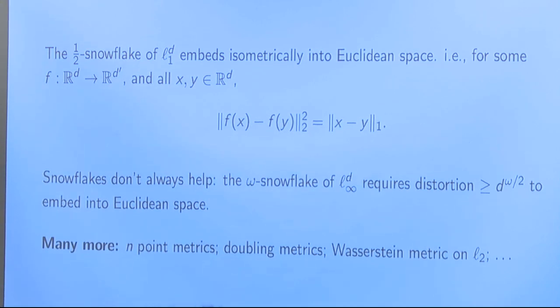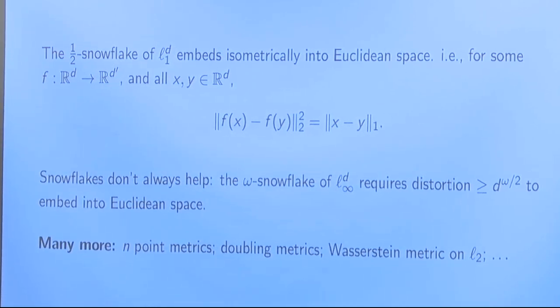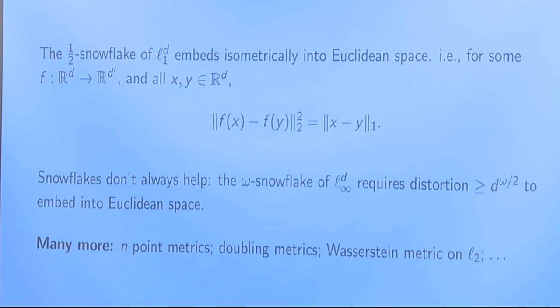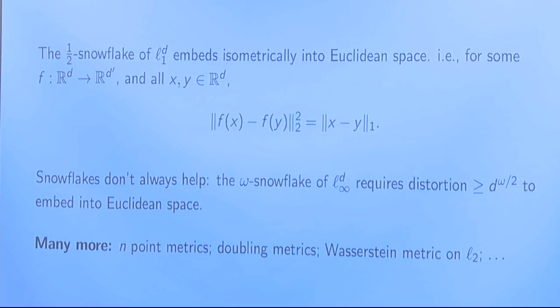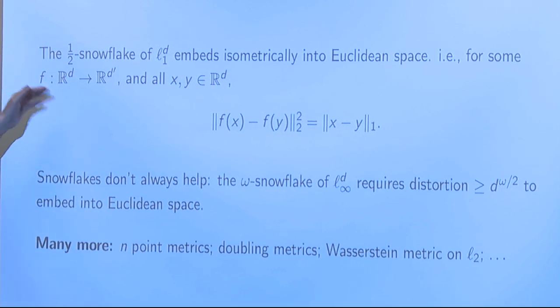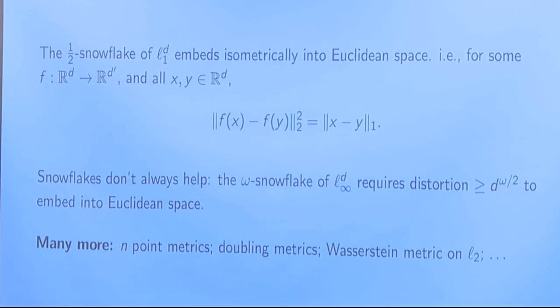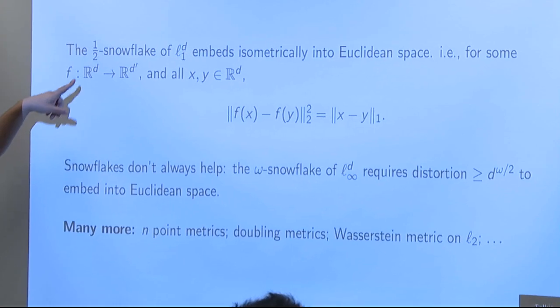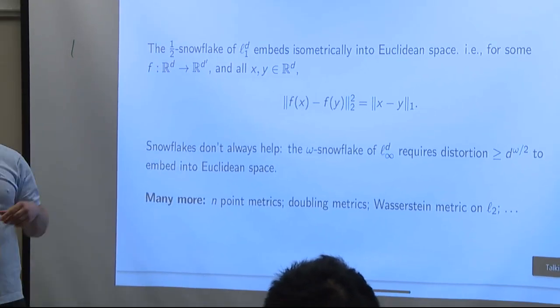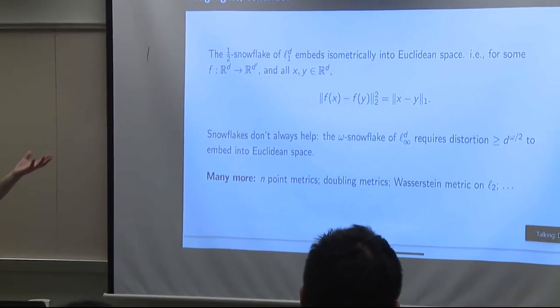Okay, so this snowflaking does give us more power, and it is often quite useful to do that algorithmically as well. For algorithmic applications, taking snowflakes usually doesn't come at a huge cost, at least as long as this half doesn't become too tiny. However, snowflakes don't always help.